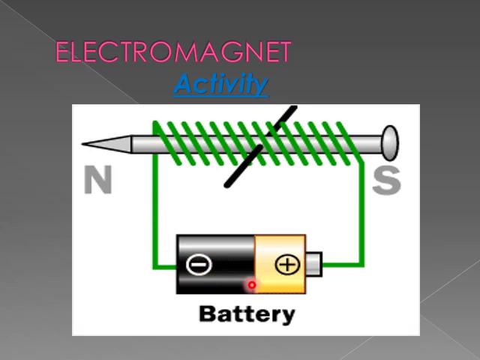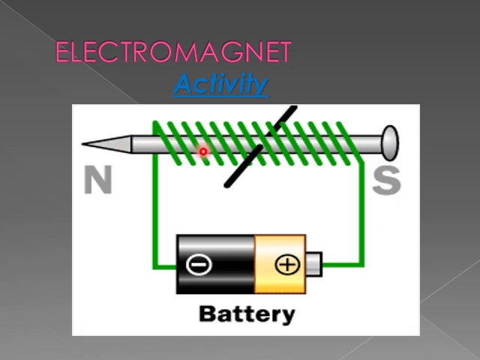When you connect both ends of the wire to the battery, the iron nail becomes an electromagnet.